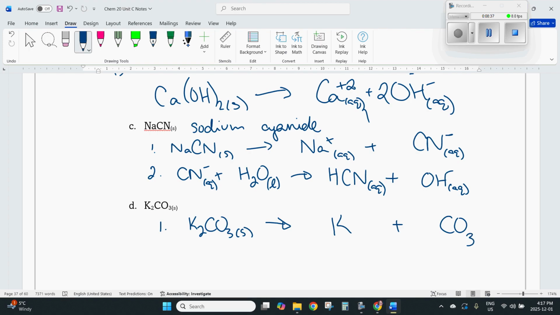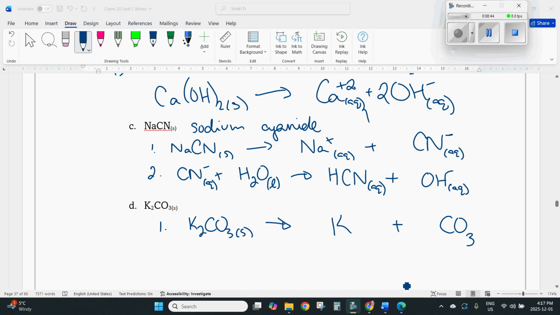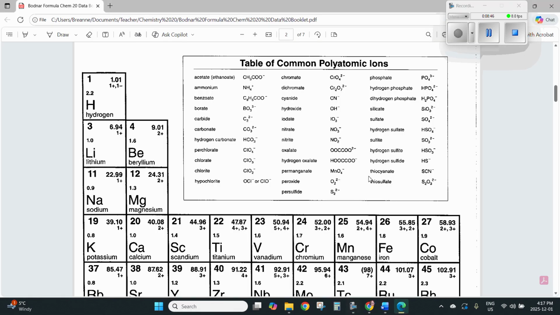Now, charges. You may be able to tell what the charges are based on everything you've done so far. But if you don't know the charges, then you get out your data booklet. You find one of your ions up here because K2CO3 has 3 atoms, which means you have at least one polyatomic ion.